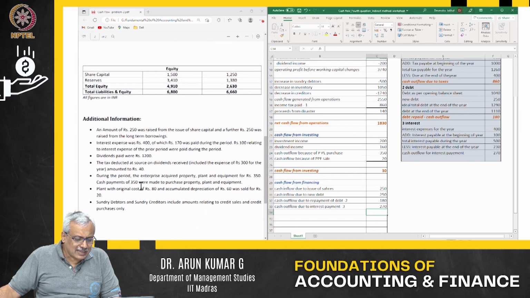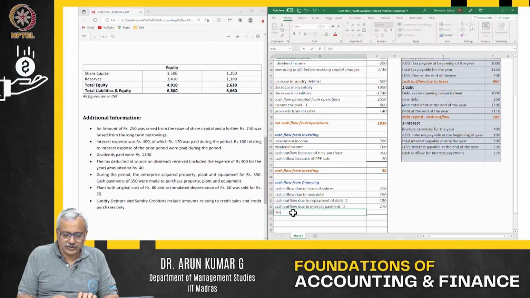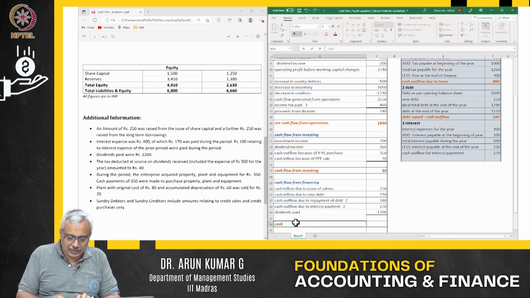Then there is dividends paid. I have cash outflow, dividends, cash outflow minus 1200. So if I see this, what is the cash flow from financing?